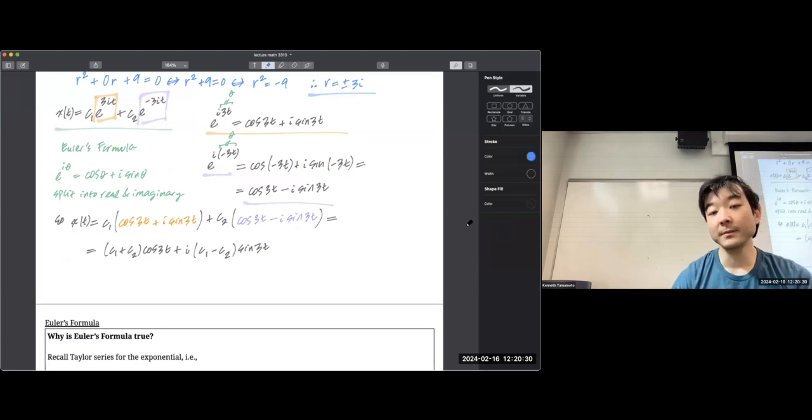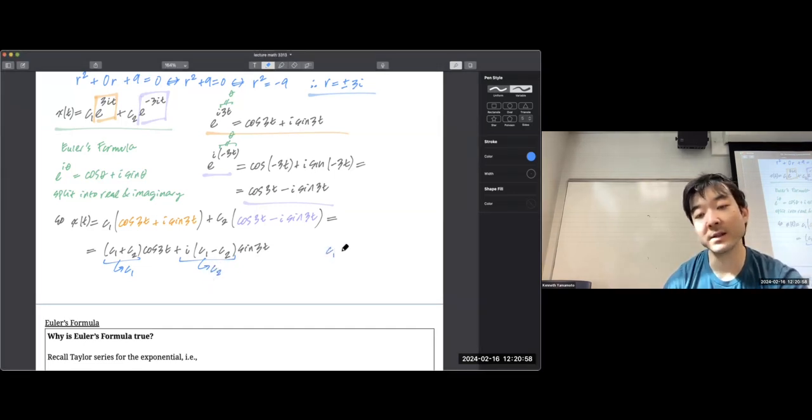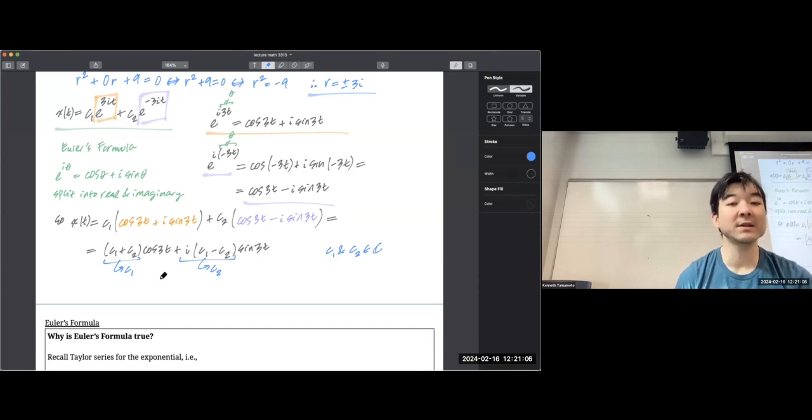But the C1 and C2 are arbitrary constants. So if you have two arbitrary constants that are added together, you could just define that as a new arbitrary constant. Let's define this as a new C1. This whole thing that's multiplied by the sine, I'm going to include the i as well and call i times C1 minus C2, this whole thing, a new arbitrary constant C2. The assumption is that C1 and C2 are arbitrary constants, and they could be complex in general.